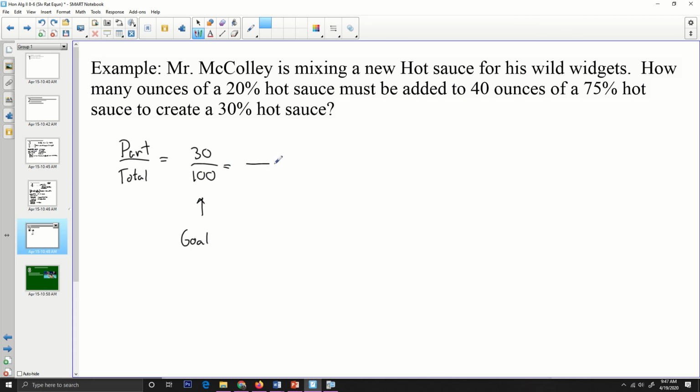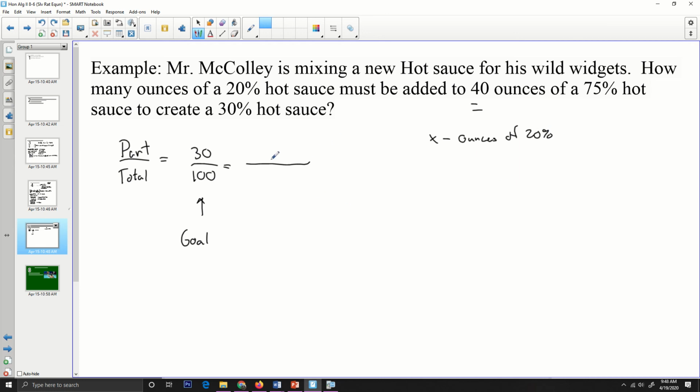We already have 40 ounces, and we want to know how much we have to add. How many ounces of a 20% sauce do we have to add? So our x, what we're looking for, is ounces, fluid ounces, of 20% sauce.